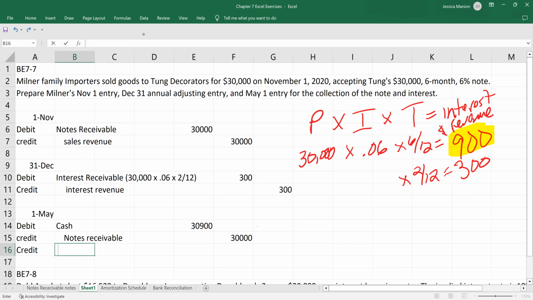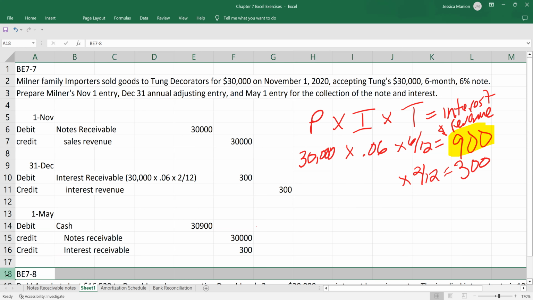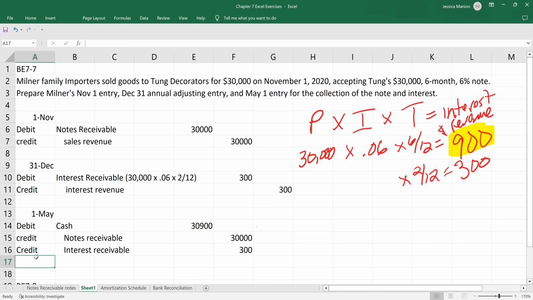Credit interest receivable, because again, they're paying this $300 from December. They're paying that off. We're receiving that. And then credit interest revenue for the 600 in revenue we haven't recorded yet. So that's what that would look like.